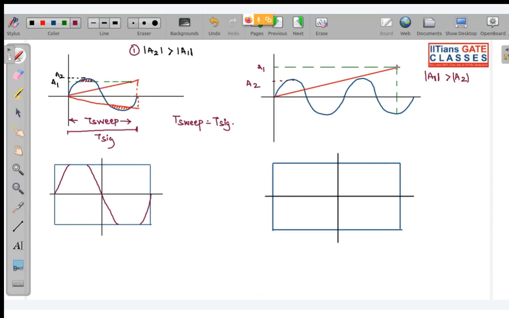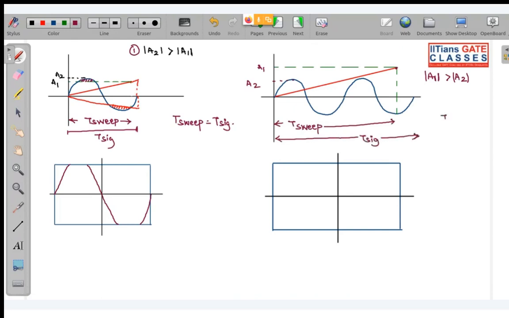We always take the highest amplitude value of both the signals. So the amplitude of the unknown signal will not be clipped, but you can see this is the time period of the sweep and this is the time period of the signal.